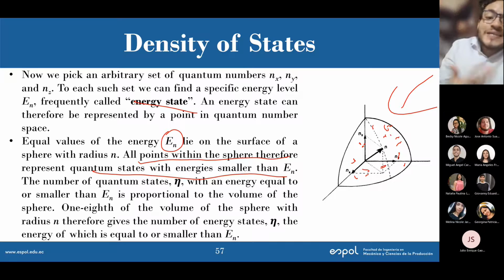Now you want to tell me why is this important? This number of quantum states that have an energy equal to or smaller than the energy on this surface is important because those basically are the states that can be quantized. And what does it mean quantized? Well, that the electrons can be there, right?